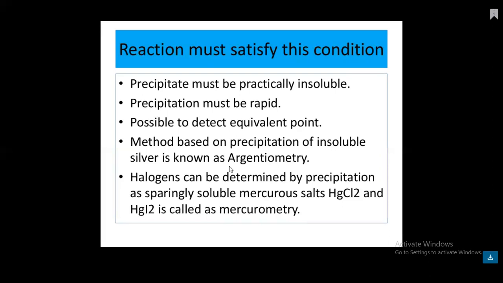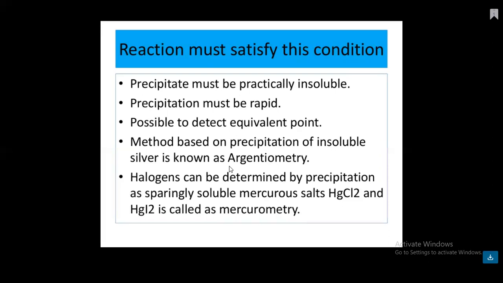And similarly, if we use mercury for the detection of bromide or iodide, then that type of titration is called mercurimetry.